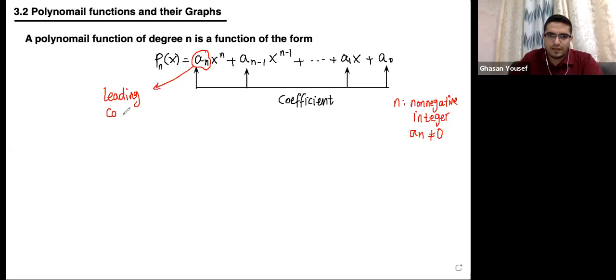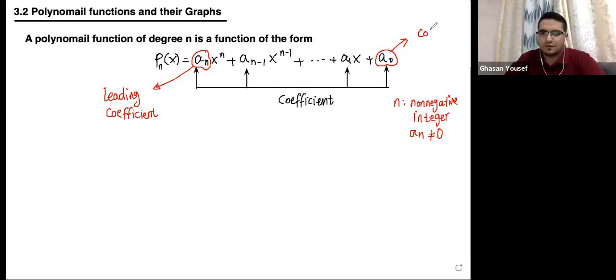I define this because we're going to use this definition during this class. I need you to understand that when I say leading coefficient I mean the a_n, the coefficient of x to the power n.